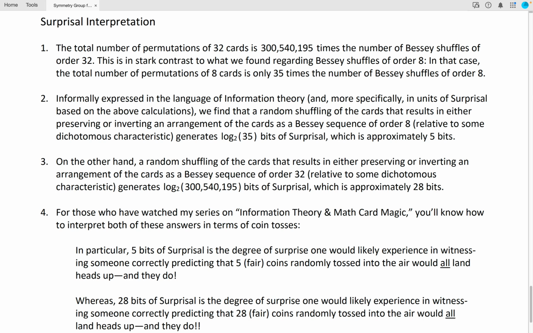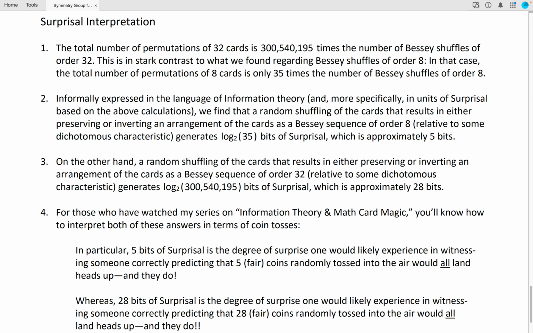On the other hand, a random shuffling of the cards that results in either preserving or inverting an arrangement of the cards as a Bessey sequence of order 32 generates log base 2 of 300,540,195 bits of surprisal, which is approximately 28 bits.